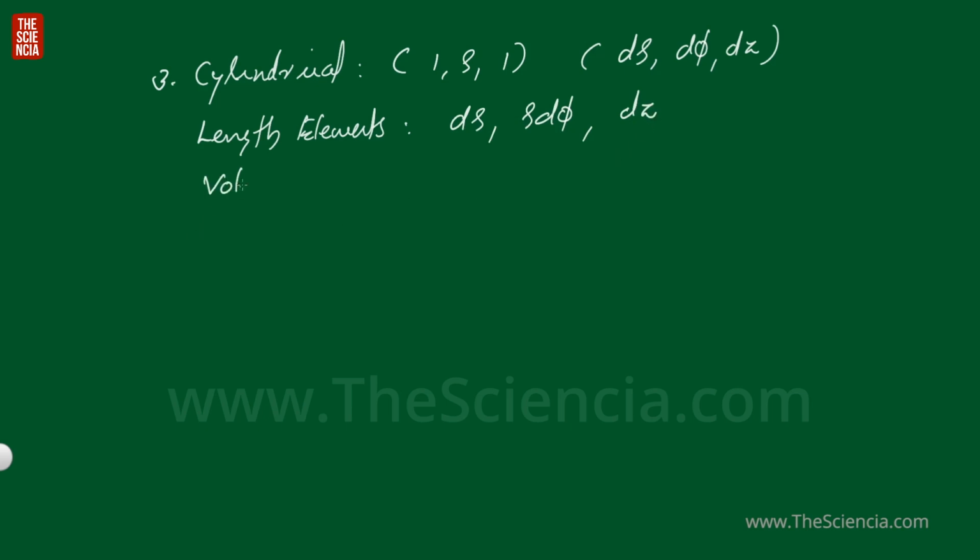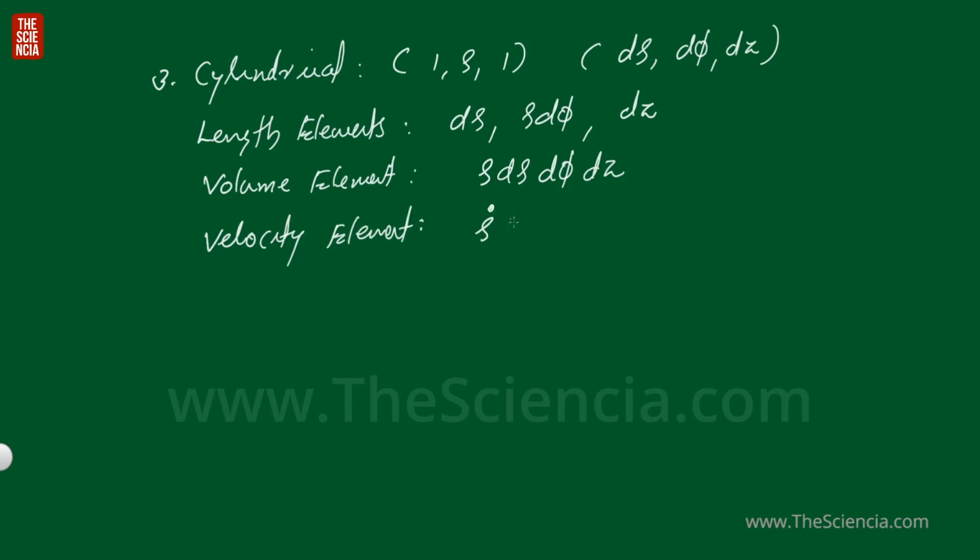Then the volume element, that is dv, will be equal to rho d rho d phi dz. And the velocity elements, that is the derivative of the length elements, we get rho dot, rho phi dot and z dot.